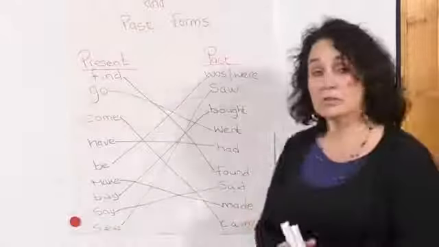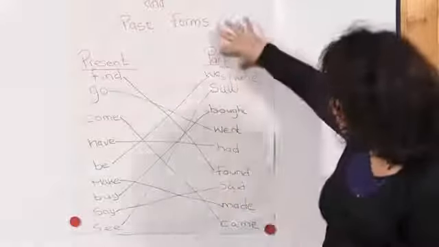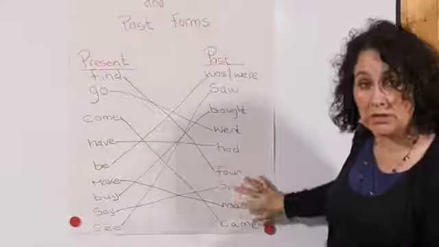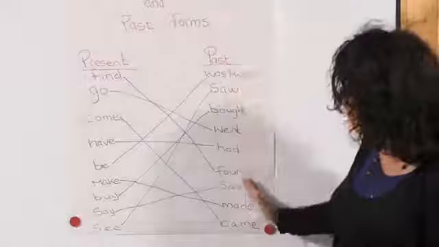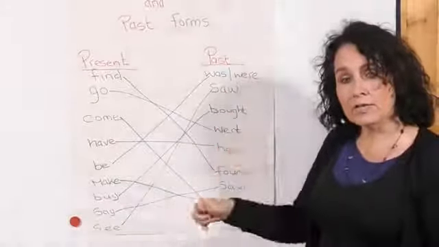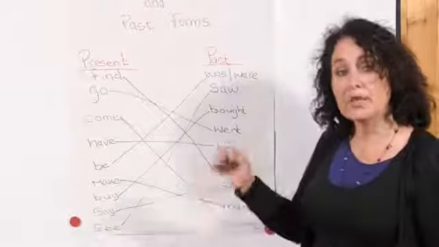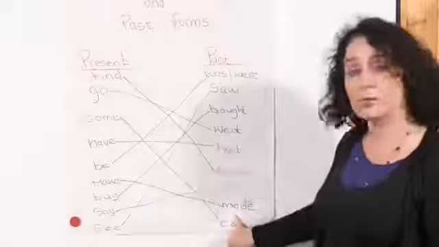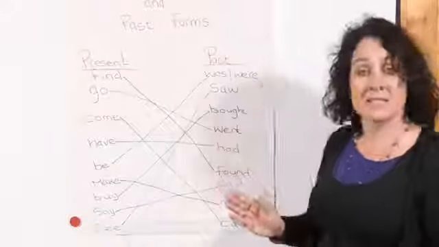Now, what you've noticed here is that when you know the verb in the past, it's the same for all forms, for I, for you, for he, for she, for it, for they, for we. We just have to learn it one time and then it's the same.